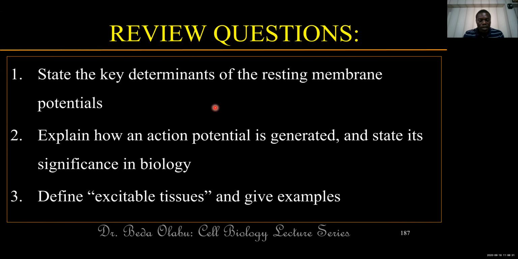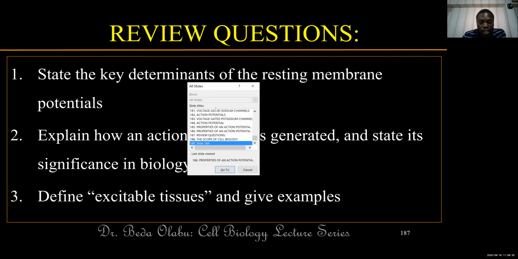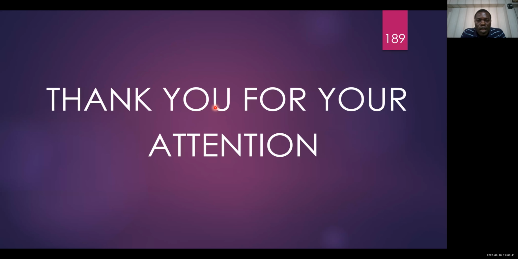So we'll now stop there. We are now done with cell biology. So our next series of lectures will be on basic tissues. So during anatomy time, we will look at two basic tissues, epithelial tissues and connective tissues.